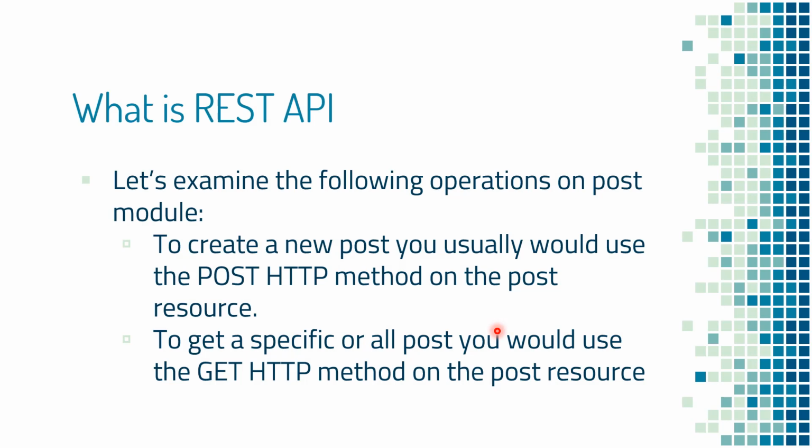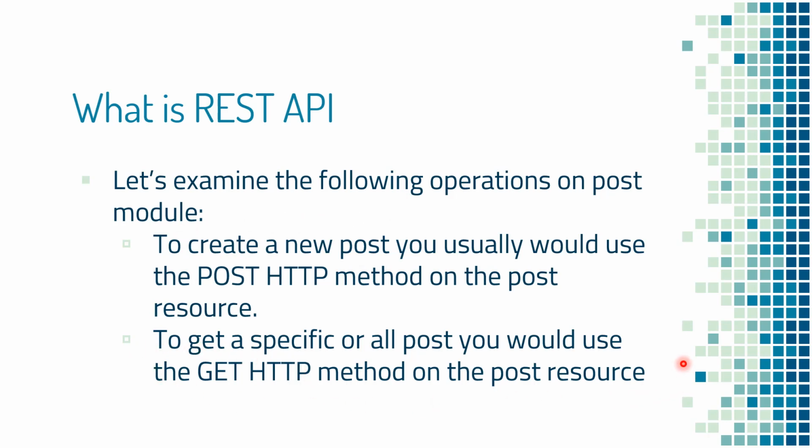So let's examine the following operations on the post module. To create a new post, you would usually use the POST HTTP method, and this is just a standard. When you use the POST HTTP method on a resource, that means you want to create a new entry.